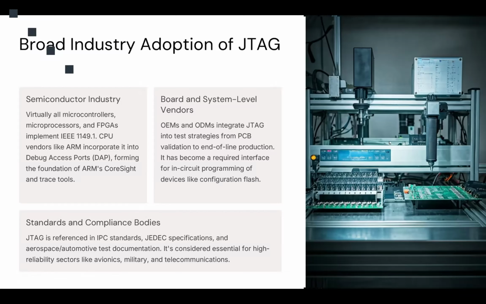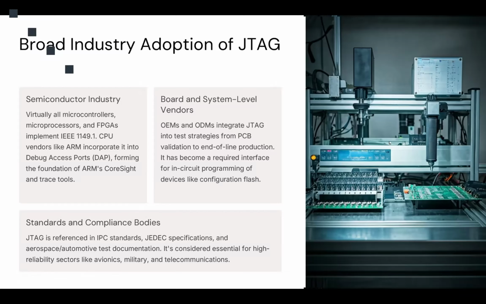But it's not just the manufacturers and vendors. It was also of great interest to the compliance bodies, the ones that have to certify all the products. They adopted JTAG as a reference. All the regulators and organizations that publish standards, like IEC, IEEE, or JEDEC, use that JTAG test configuration as a reference.